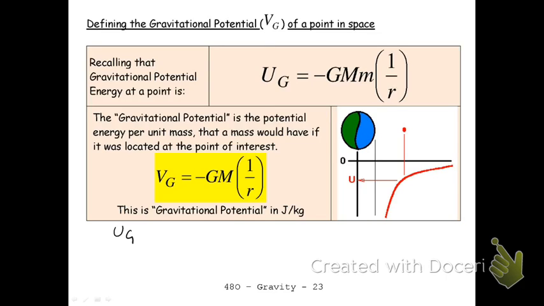Now gravitational potential is of the point, whereas gravitational potential energy was of the two masses. So what I do is I say that is going to equal that over the little mass, which equals minus G big M little m over r over the little mass, which equals minus G big M over r. So it's kind of nice.